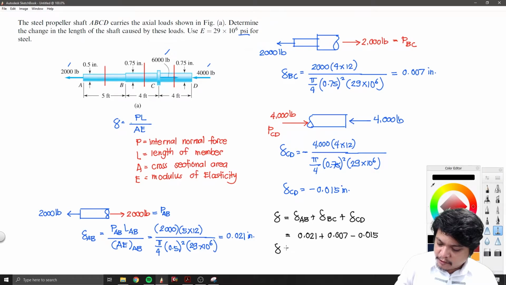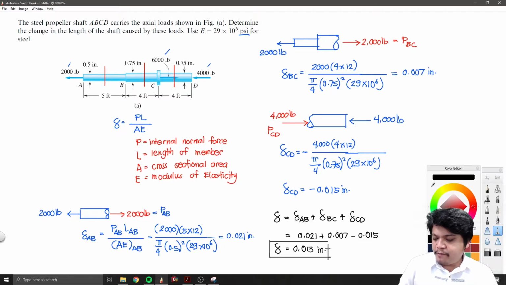So you have a total deformation 0.021 plus 0.007 minus 0.015. So the total deformation is 0.013 inches. Okay? So the shaft deforms by 0.013 inches.